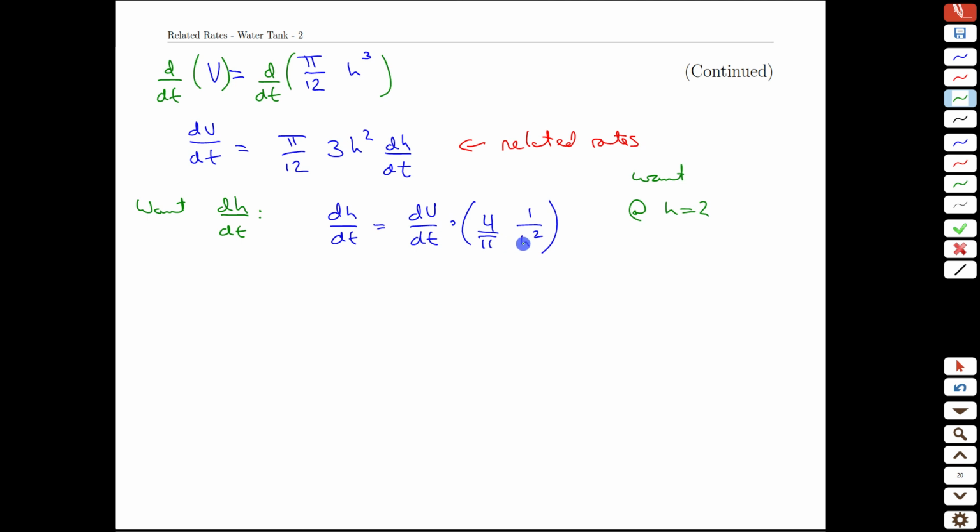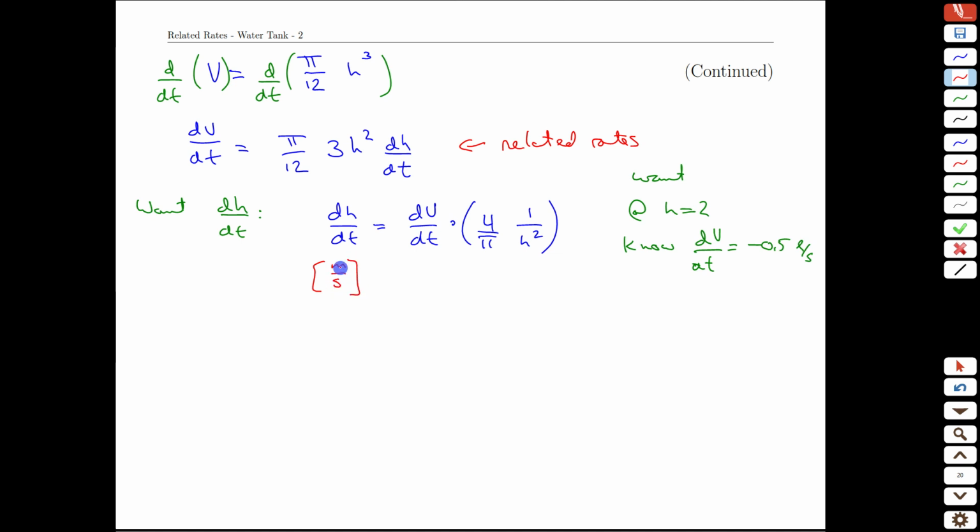So we want this at h equals 2, and we know dV/dt is negative 0.5 liters per second. Now, there is one last ingredient in this problem we do have to deal with, and that's with units. So dh/dt we would expect to be in meters per second.